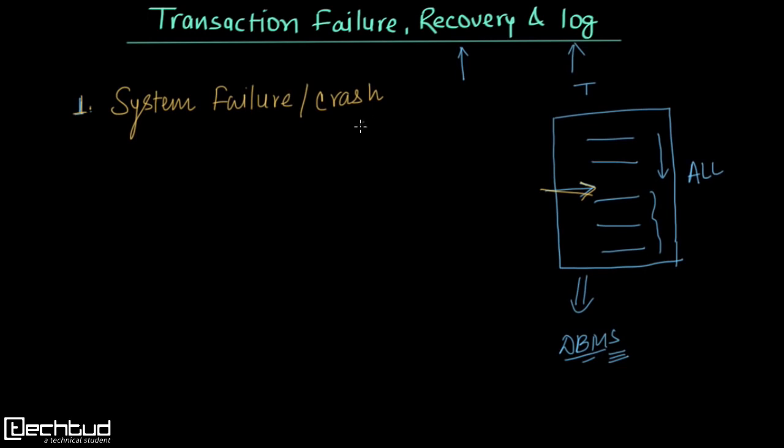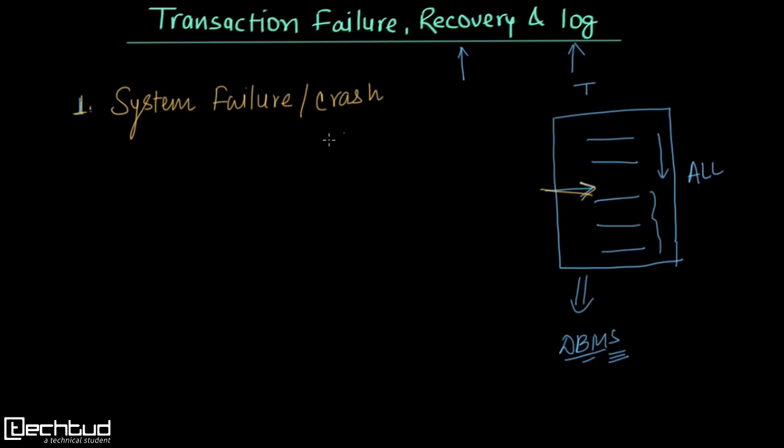Maybe it is a power failure, maybe it is a network failure, or maybe it is some internal error. Okay, so due to n number of reasons a system fails, and that causes transaction failure too, right?